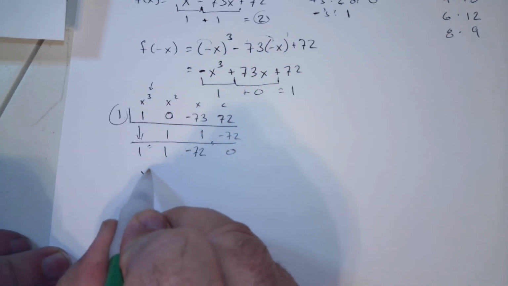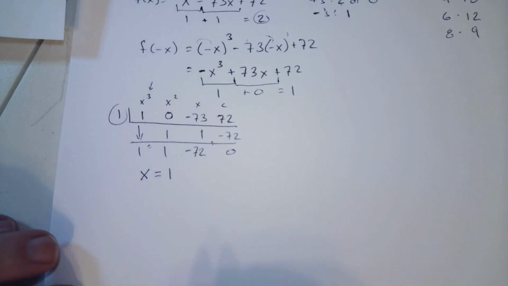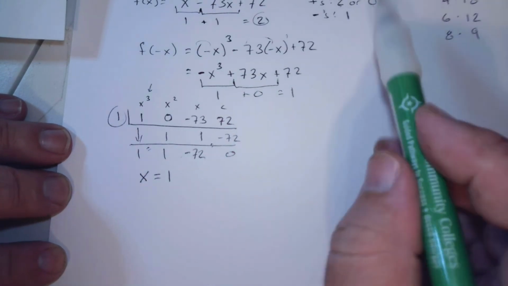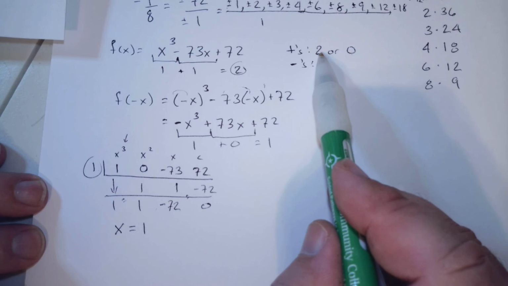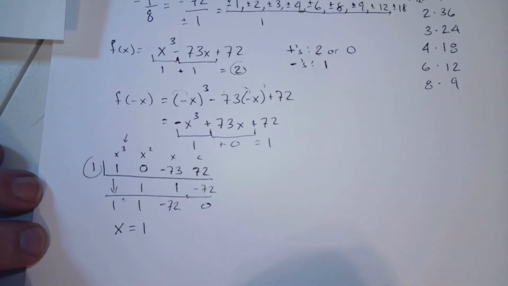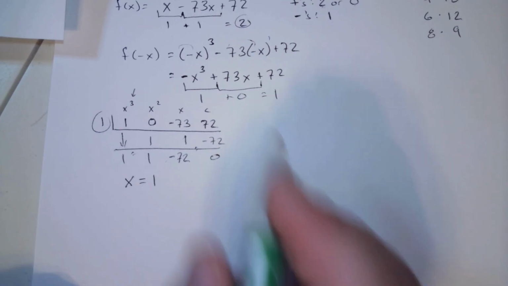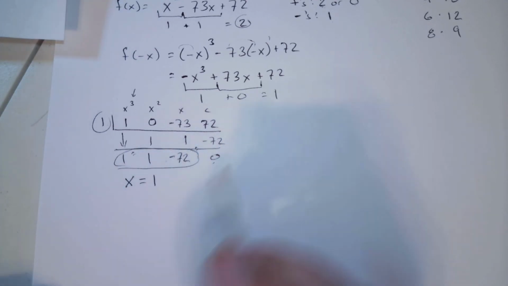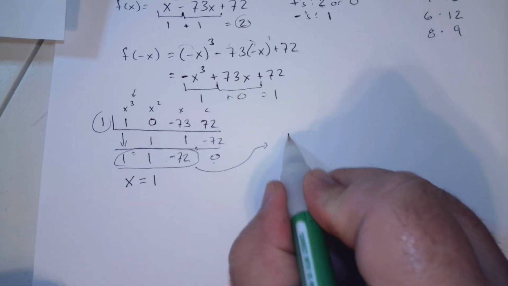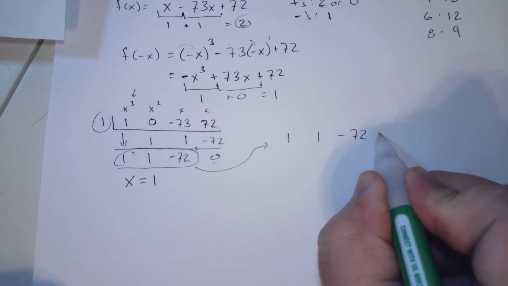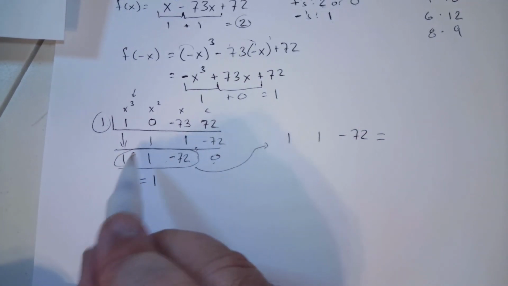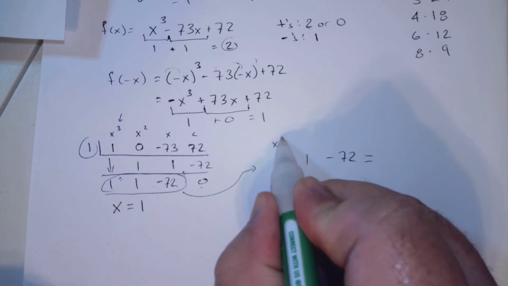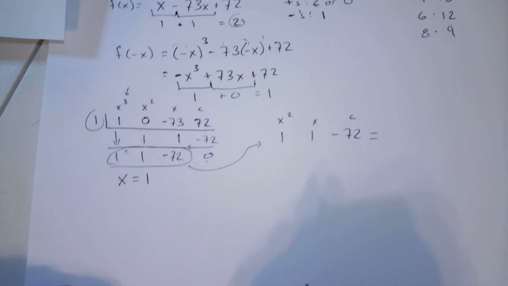So x equals 1 is our first solution. Because of that, we know we'll have one more positive and one more negative answer. But we don't have to worry about that, because since we found a 0, we only have to look at this possibility. 1, 1, negative 72 means that since it was x cubed, the answer is x squared, x, and constant.